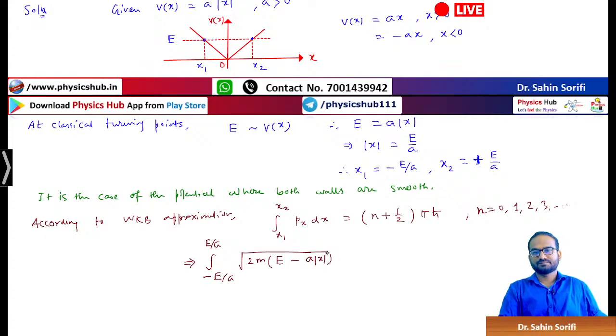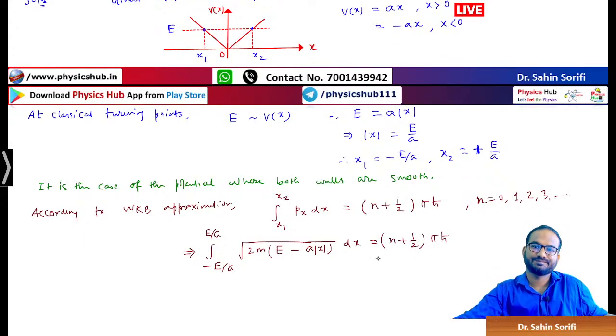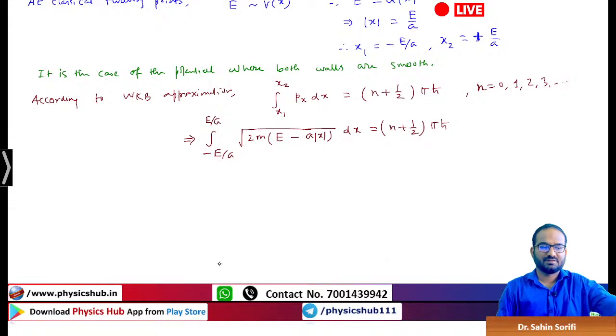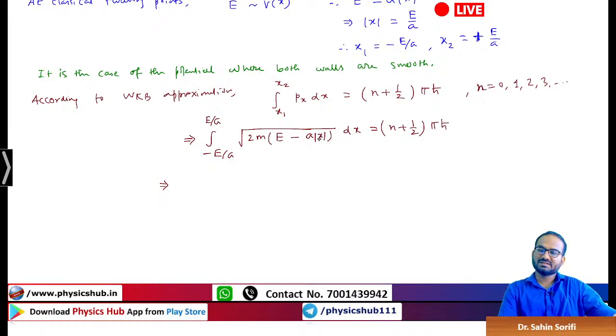The integral of p dx equals n plus half times pi h cut. Now when you put the value of x less than 0, this becomes square root of twice m into E minus minus ax, dx.